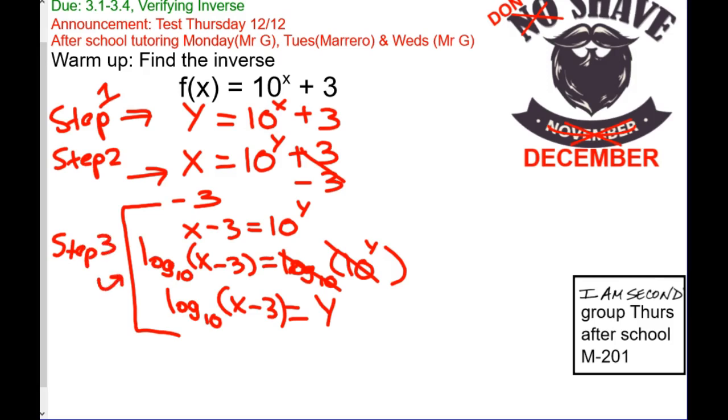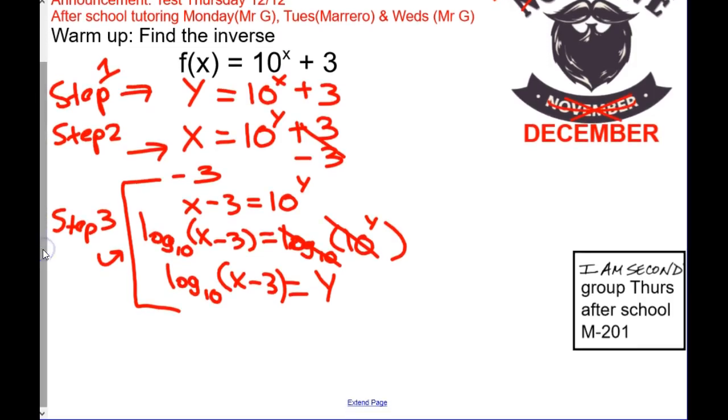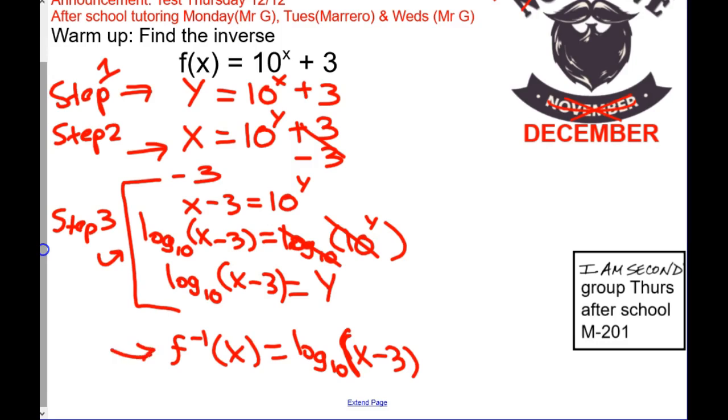Step 3 is a bunch of steps. As soon as you get y by itself, you finish step 3. Now, last step. How do we want to write the final form? F inverse x equals, and then that stuff we had right there. Log little 10 of x minus 3. That's step 4.